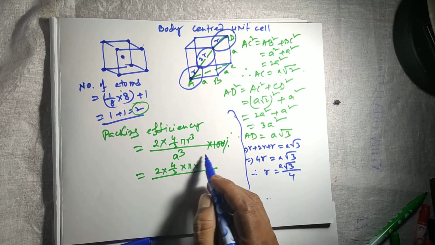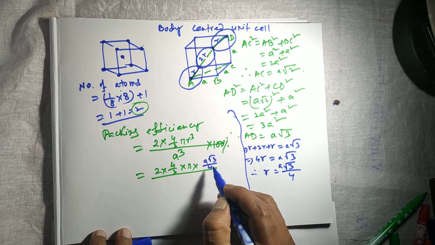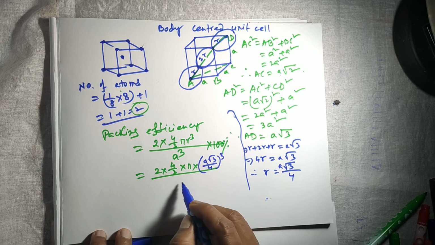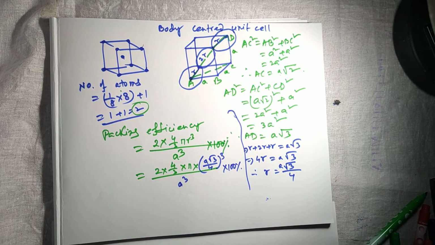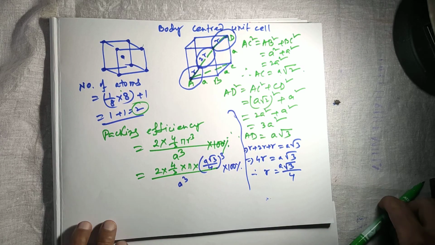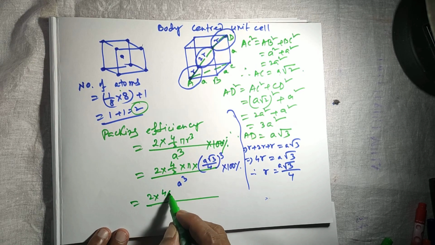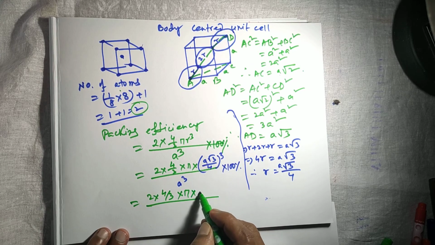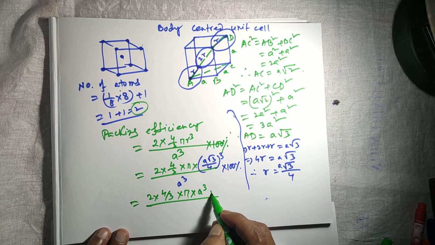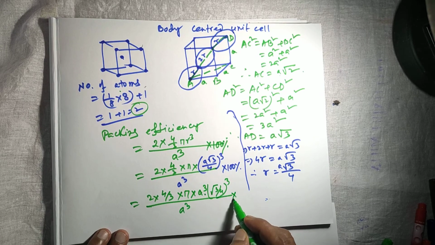Now I am putting the value here. 2 into 4 by 3 into pi, which has value 3.14, into a root 3 by 4 whole cube, by a cube, into 100%.